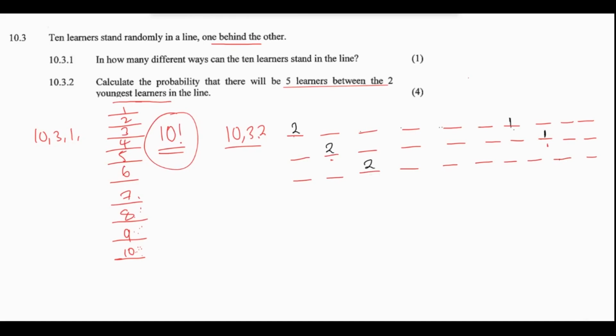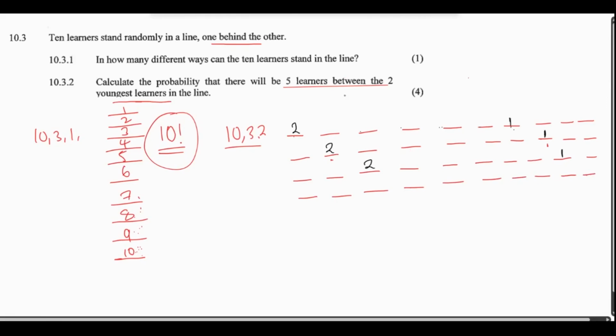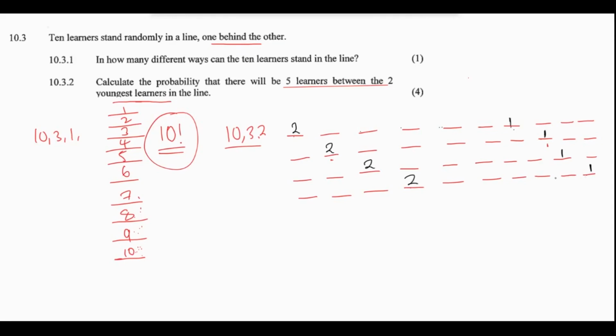And then the last situation: 1, 2, 3, 4, 5, 6, 7, 8, 9, 10. It can be the 4th slot and the 10th slot. Here we have 2 choices because there are still 2 of them. If one of them takes the 4th slot, we only have one learner to take the 10th slot.